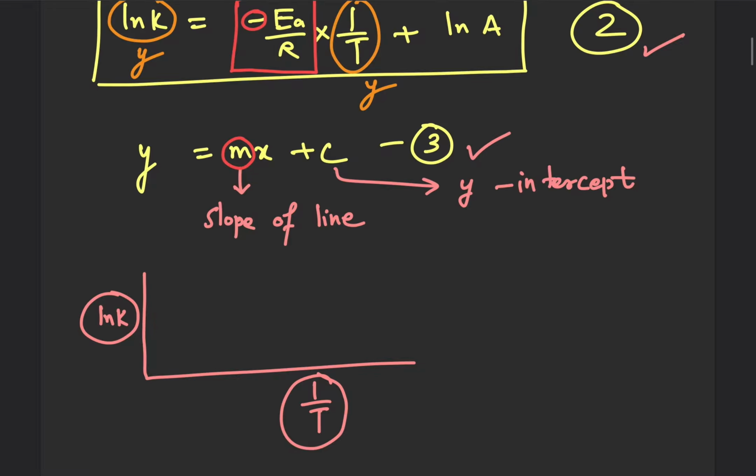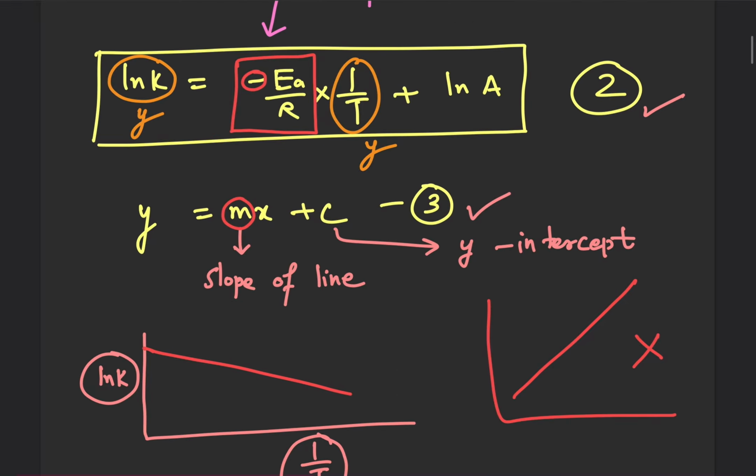That's why the graph is like this and not like this, because the slope is negative. And c is ln A, the y-intercept.